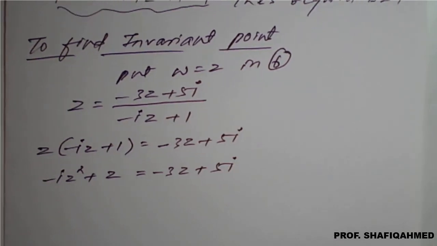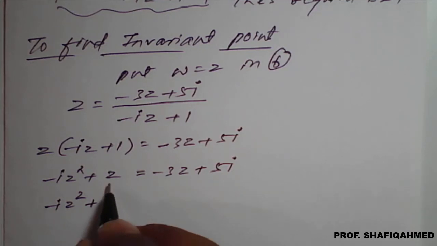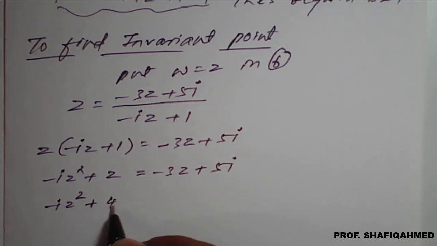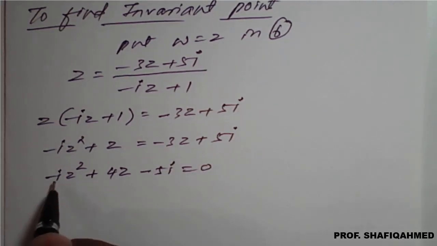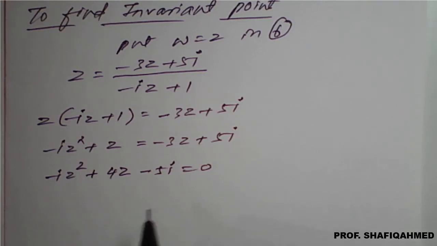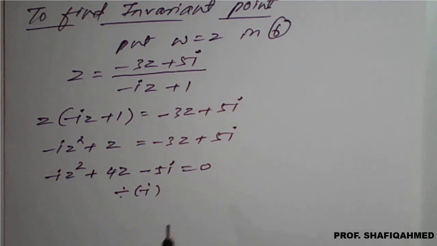On final rearrangement, -iz square plus 4z minus 5i equals 0. So we got a quadratic equation, but the coefficient of z square is -i, so I will make it 1 here. For that you divide by -i on both sides.